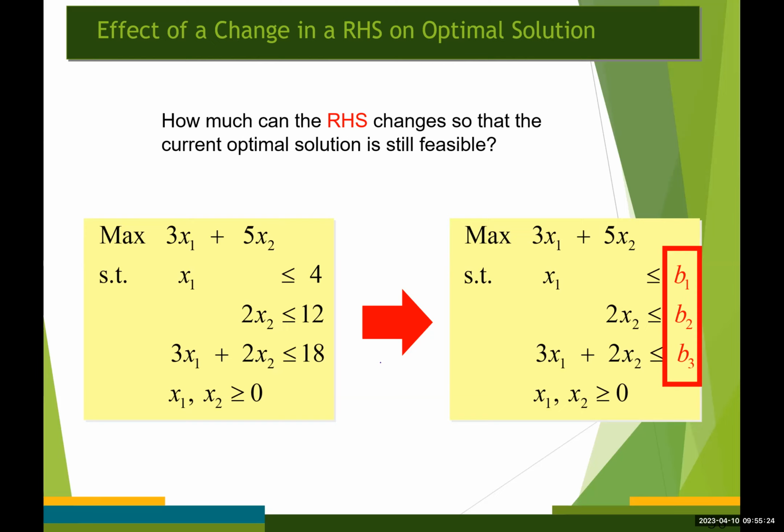So here, let's say B1 is the available production time at plant number 1, and the current value of B1 is 4. Now we will see for what ranges of the B1 value the current basis remains feasible.